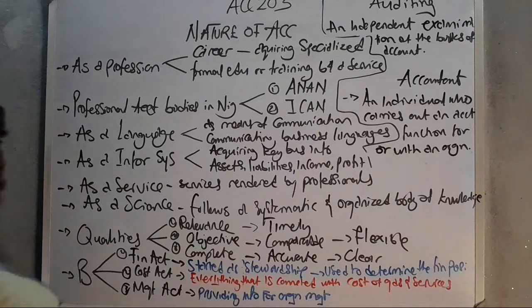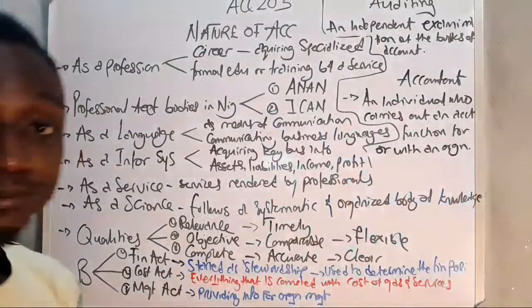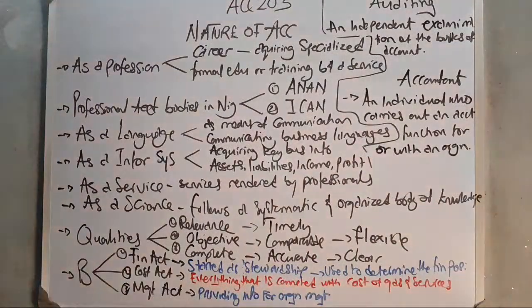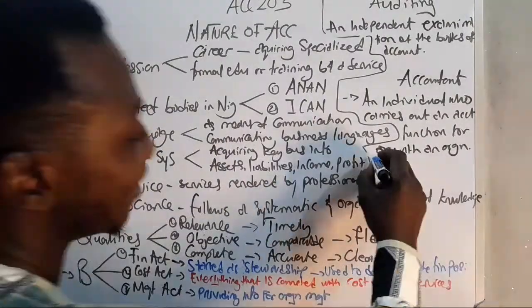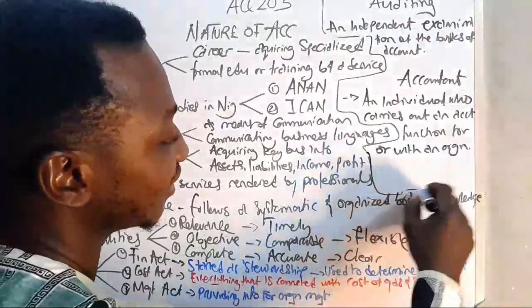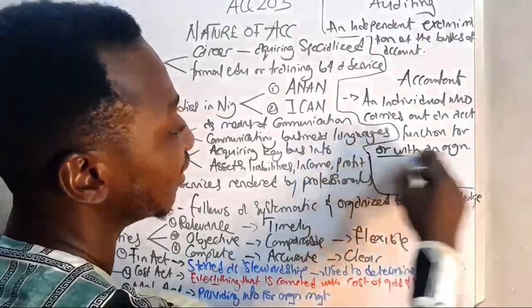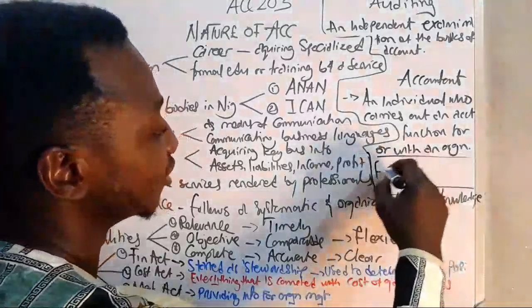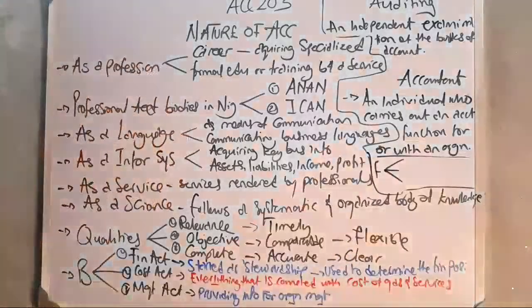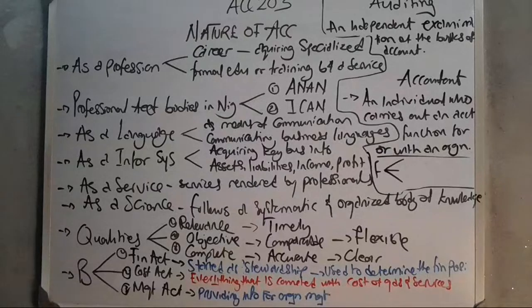Some of the functions of an accountant, I don't want to erase this board, let me see if I can squeeze it in. Some of the functions of an accountant is to maintain the books of accounts.